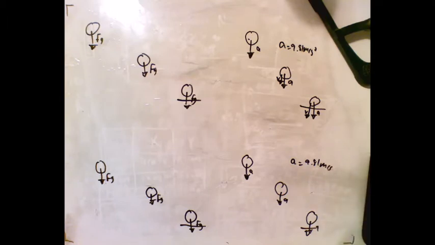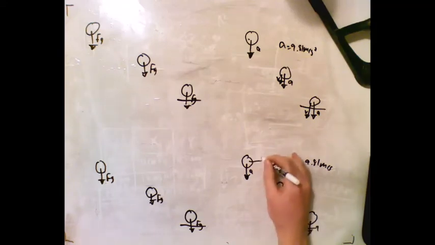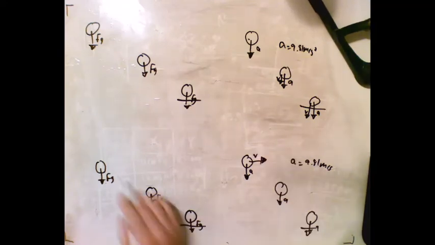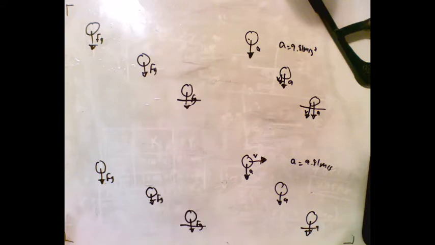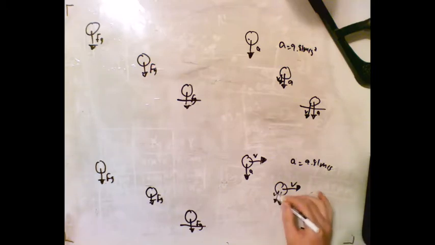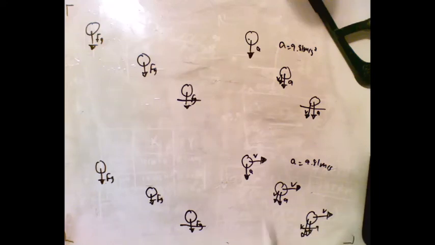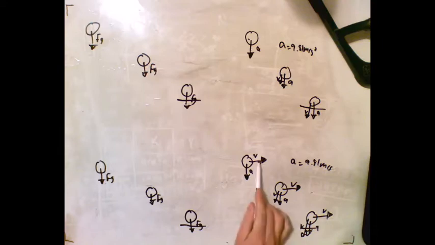The only thing that's different is that because the bullet is fired, it's given a horizontal velocity, and because there's no forces acting in that x component, that velocity is just going to be the same the entire time. But in the y, it goes faster, and then it goes faster like that. So the vector diagrams look exactly the same in the y. The only difference is in the x.